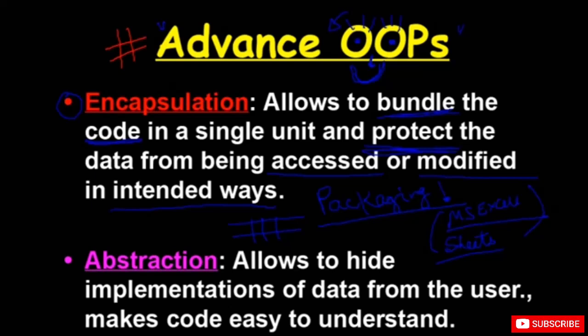So what does encapsulation mean here? It means its basic fundamentals are protected from unintended ways. Like I cannot just go the very next day to Google Sheets and delete the save option so that no one can ever save their file.